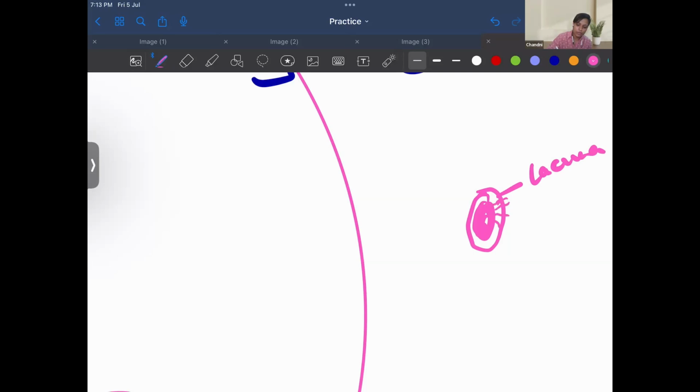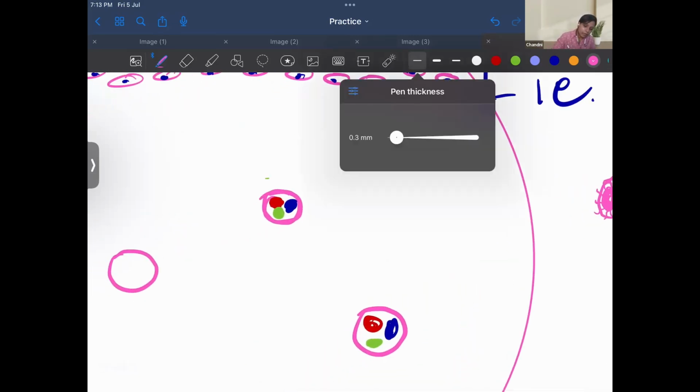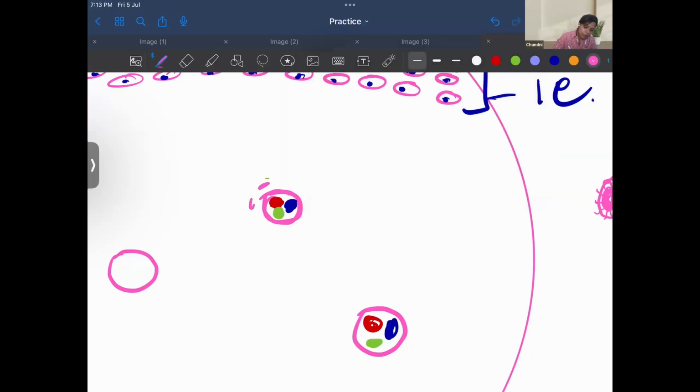Now these osteocytes have processes radiating out from them. This is an osteocyte. So when you are drawing your diagram, you will draw these osteocytes like this around it in a concentric layer.